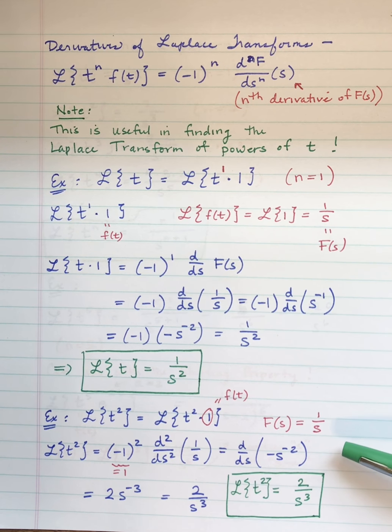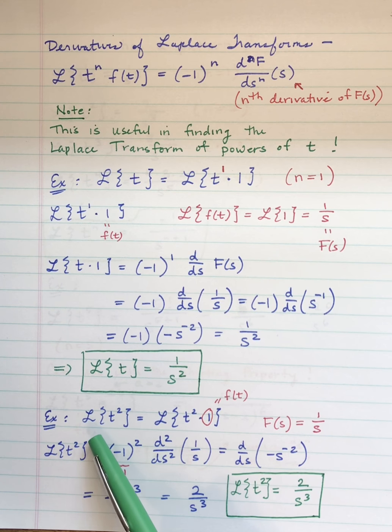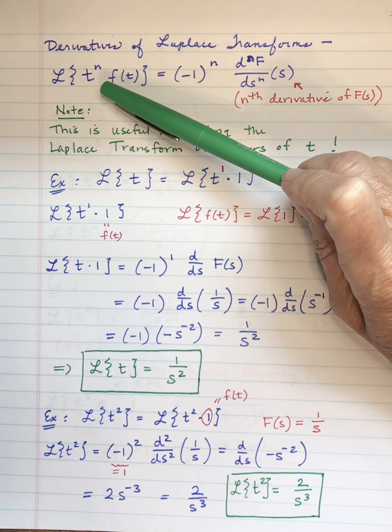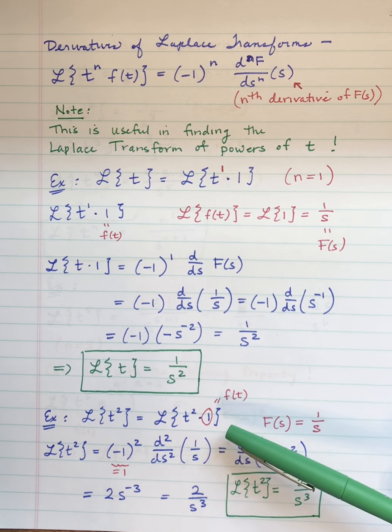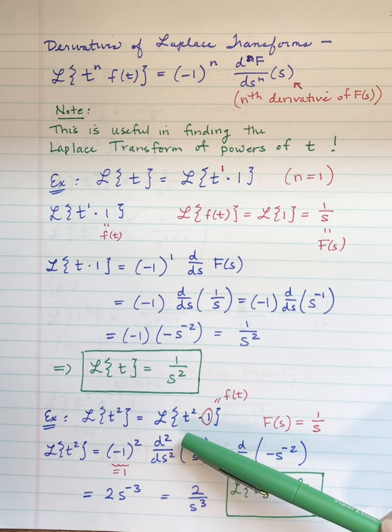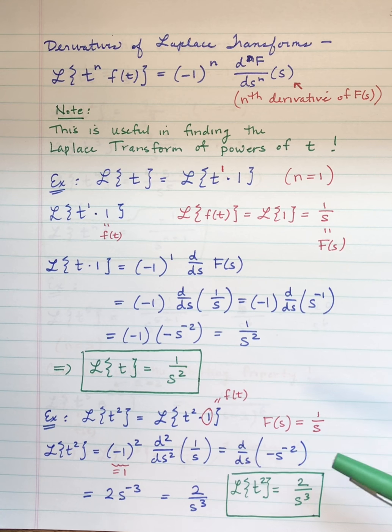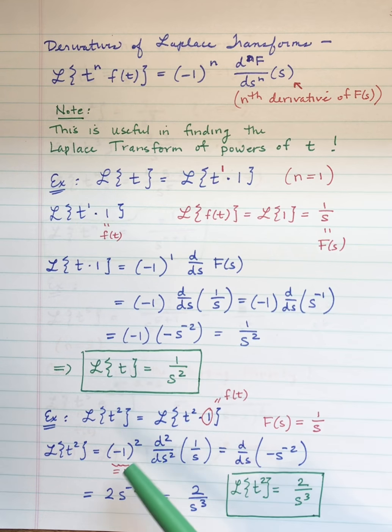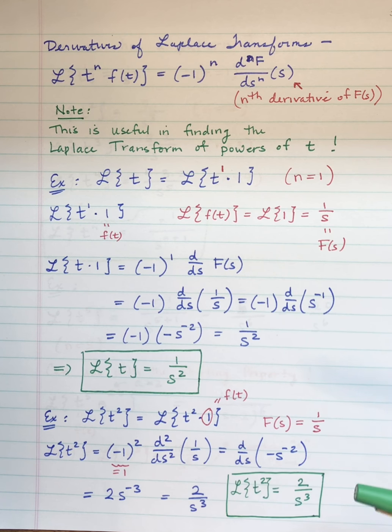We'll do it one more time. What if I want to take the Laplace transform of t squared? So here, in terms of our formula, n is 2. This is the same thing as the Laplace transform of t squared times 1. So F of s again is 1 over s. Our formula says for the Laplace transform of t squared, our n is 2, we'd have -1 squared, and we'd multiply by the second derivative of 1 over s.